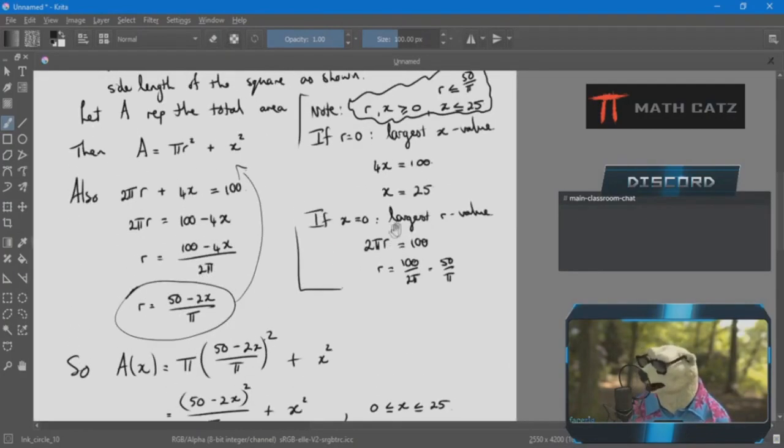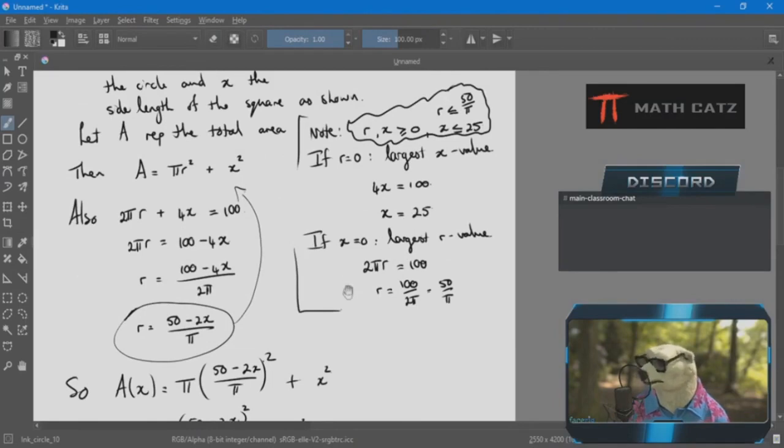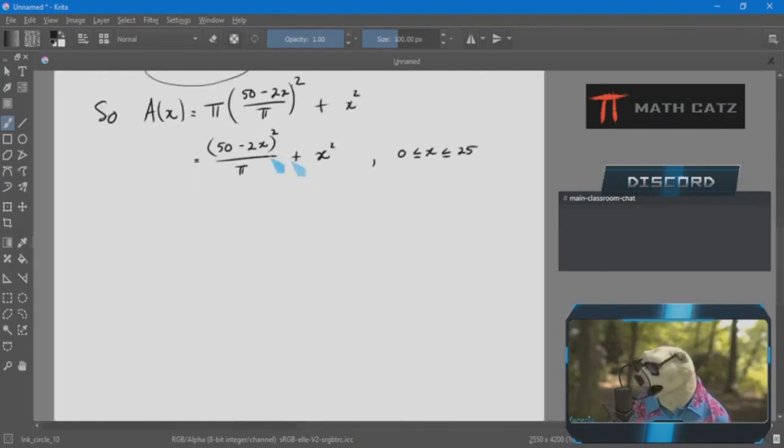Now, we haven't calculated those areas, which we will eventually when we have to list the endpoints and the critical points that we get. So it's good to just keep in mind. I plug those in and I'll get the area for just a circle, just a square, which I need to consider as the endpoints, of course. So this seems good enough.